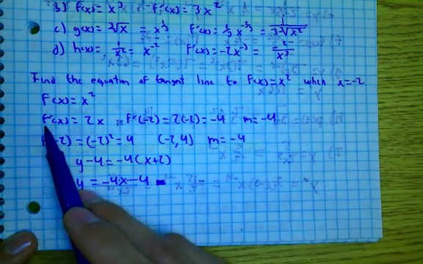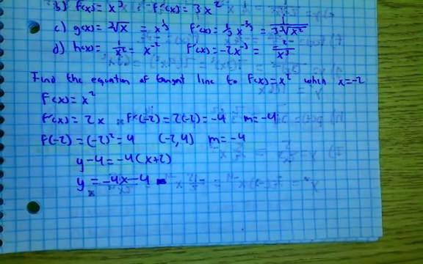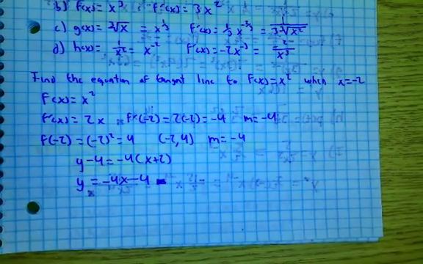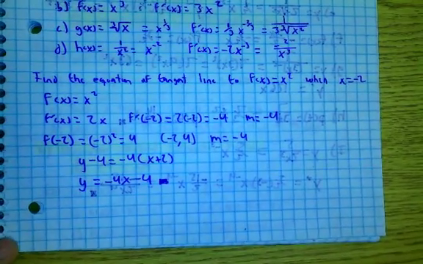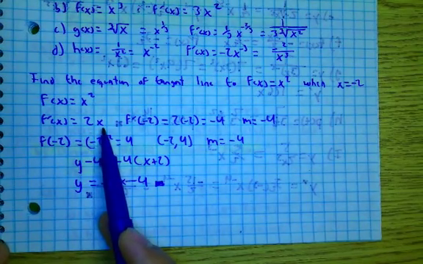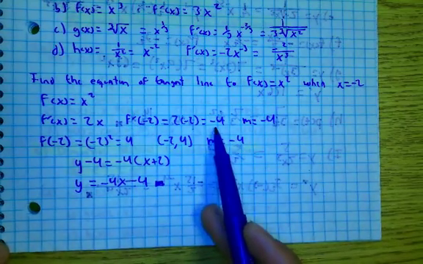Why would I find the derivative of it? To find the slope. Remember that if you take its derivative, it helps you find its slope, right? At any point, correct? So by taking the derivative, you should have gotten 2x, right? But since I'm interested in what happens at negative 2, I found out that f prime of negative 2 is negative 4. Therefore, your slope is negative 4, right?